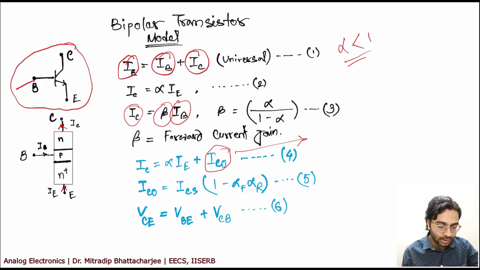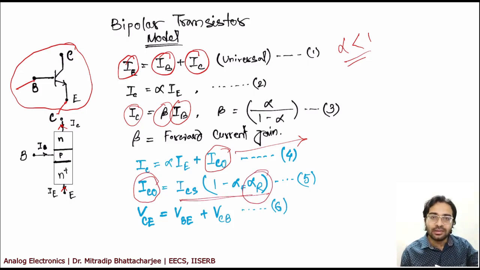If you have these two terminals, base and emitter, open, that is switched off, then whatever current you find from the collector will be the leakage current, because this base-collector junction is in reverse bias.